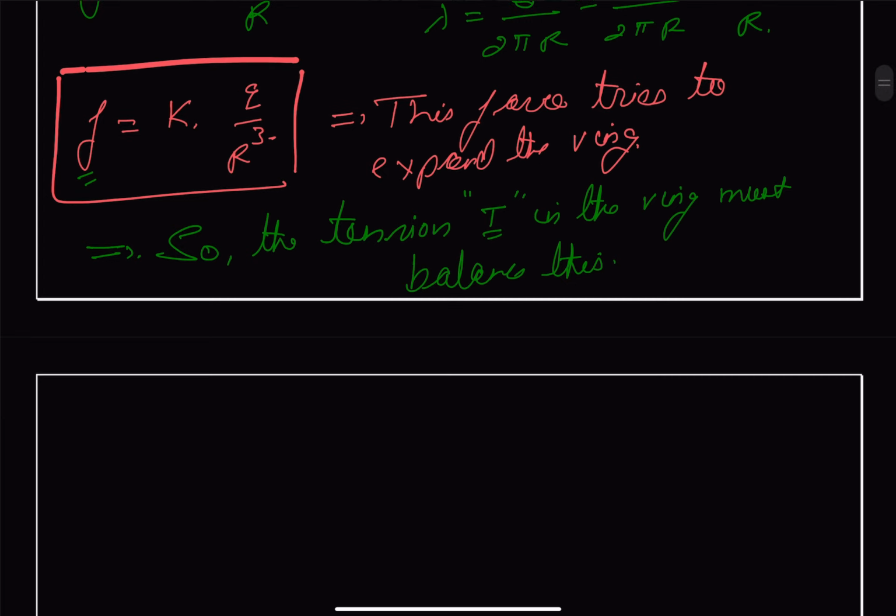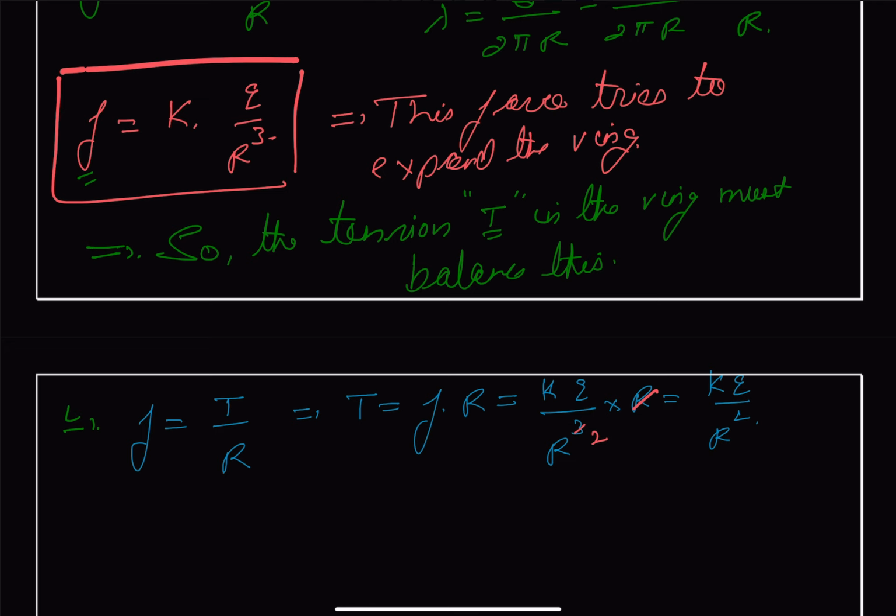Therefore, from there we can write that F will be equal to T upon R, or we can say our tension T is equal to F multiplied by R, which gives F we found out is K Q upon R cube multiplied by R. Here R cancels with the square, so we get T equal to KQ upon R square.